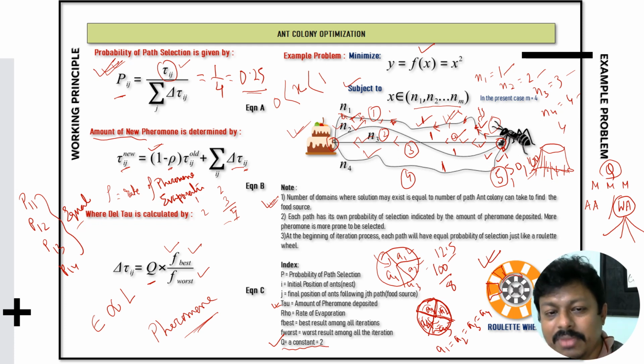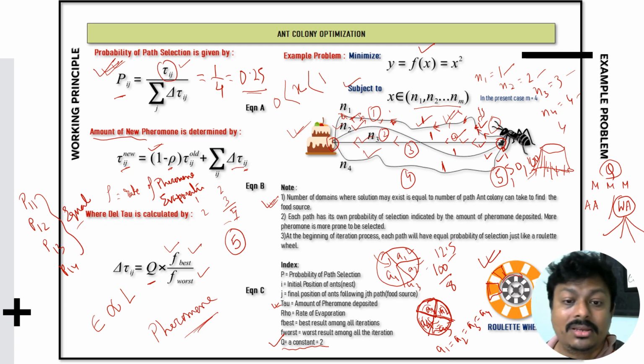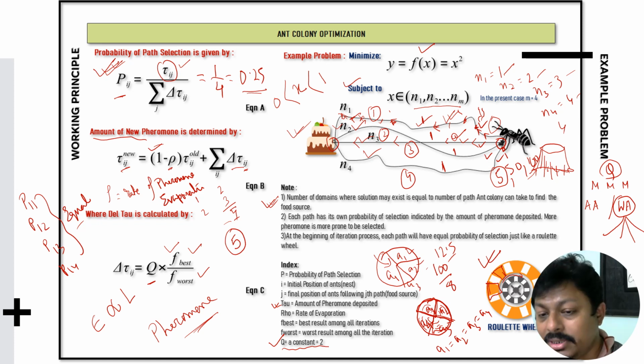Now come to the main part. Before the beginning of this solution, we will assume how many ants are to be used. So if I assume that 5 ants are to be used, then you have to generate 5 different random numbers.